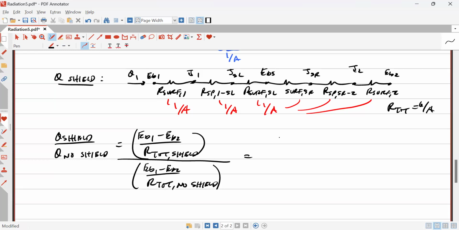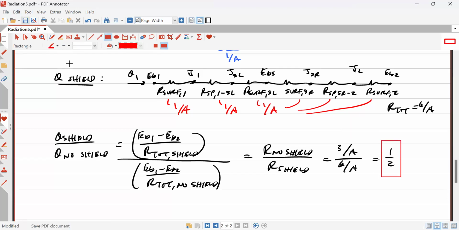So you can see that it's simply going to be the ratio of R no shield over R shield. R no shield we found out was 3 over A, and R with the shield is 6 over A. So the value is now 1/2.